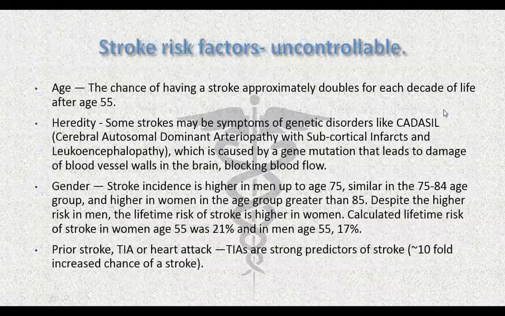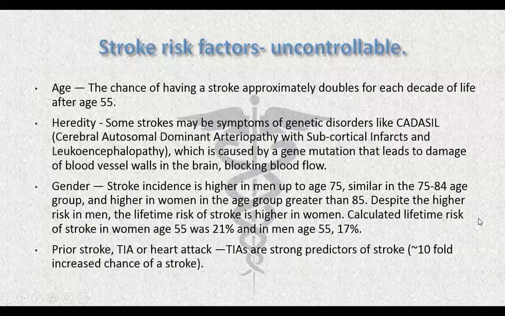As you're probably well aware, there are a lot of risk factors involved in strokes. The risk of having a stroke roughly doubles for each decade of life after the age of 55. But there are also some genes which dramatically increase the risk of stroke in certain patients.